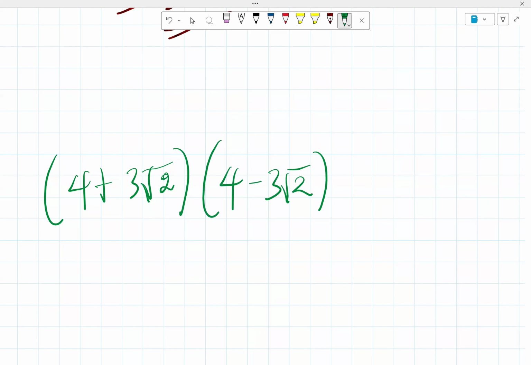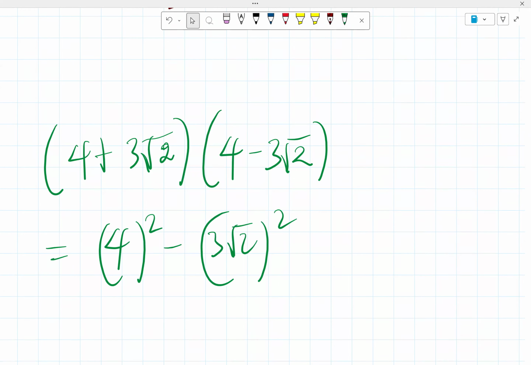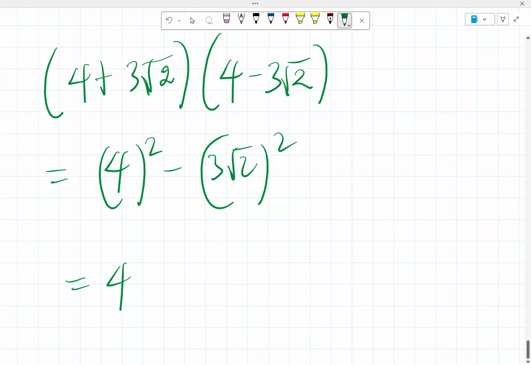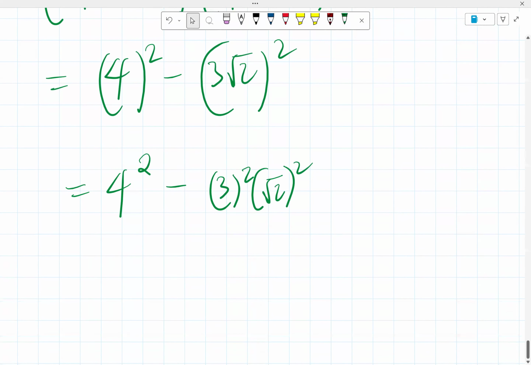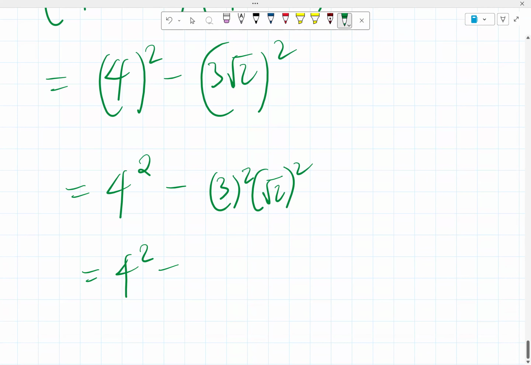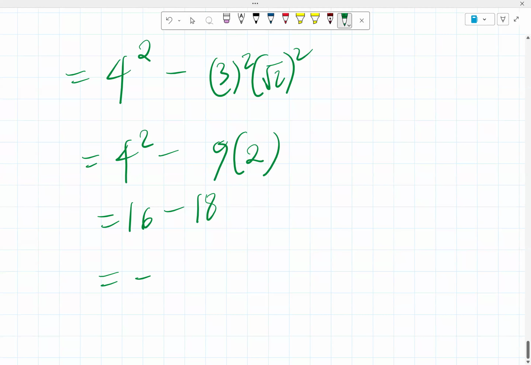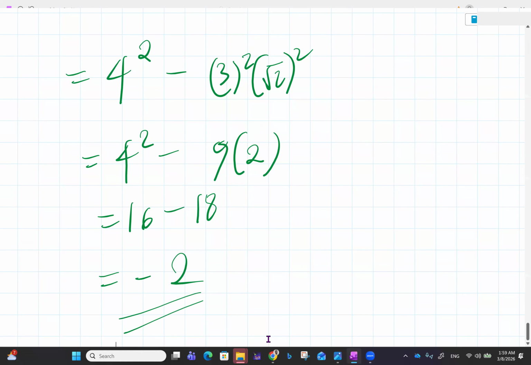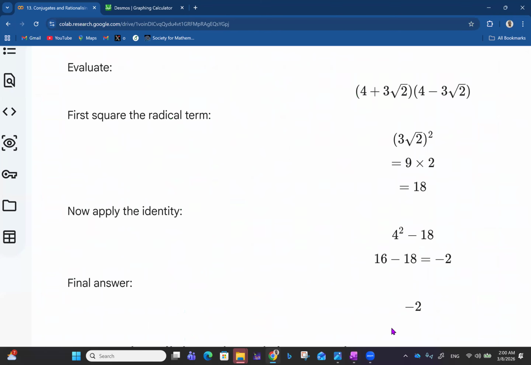I think it's root 2. Yes. So easily, that's 4 squared minus 3 root 2 squared. That means 4 squared minus 3 squared multiplied by root 2 squared. 3 squared is 9, root 2 squared is 2, so that's 16 minus 18, which is simply minus 2. And that's our result.